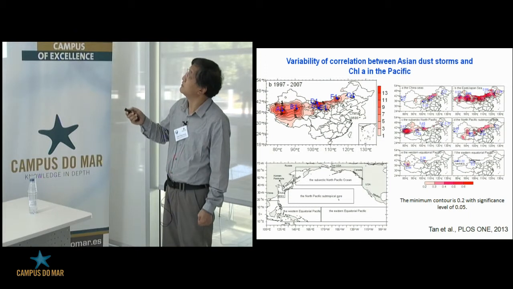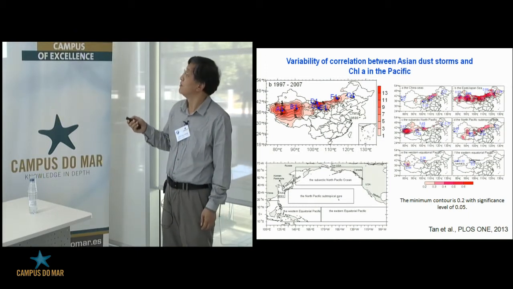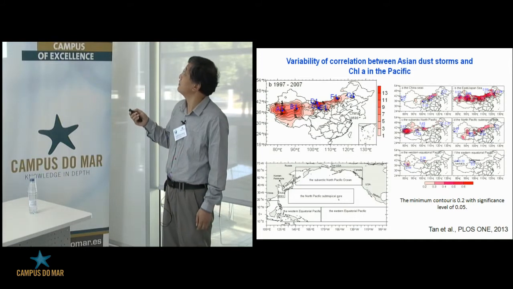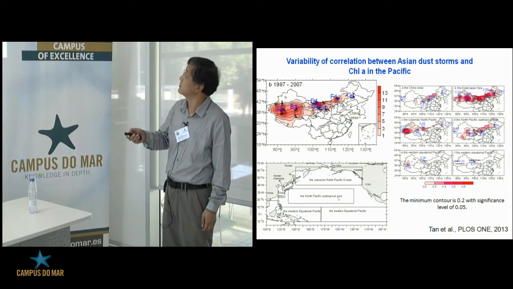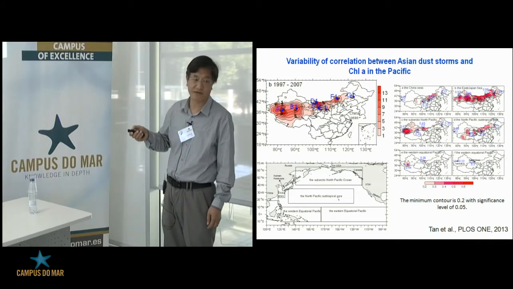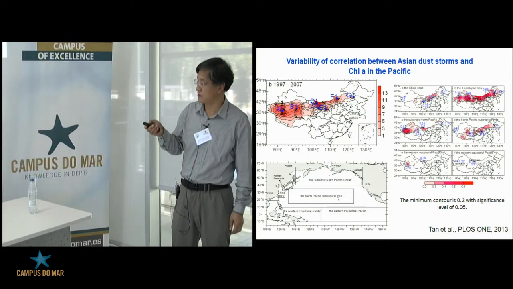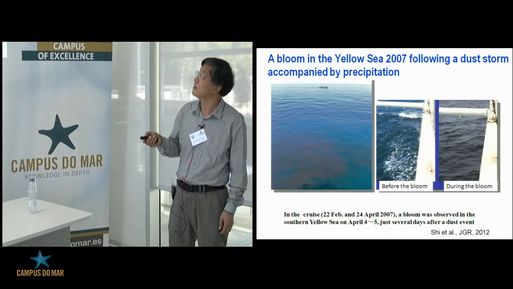So a lot of sources will have impact on these areas. But for the North Pacific subtropical gyre, only the dust from Inner Mongolia and maybe these areas have impact. So different source areas have different impacts on each area of the ocean.